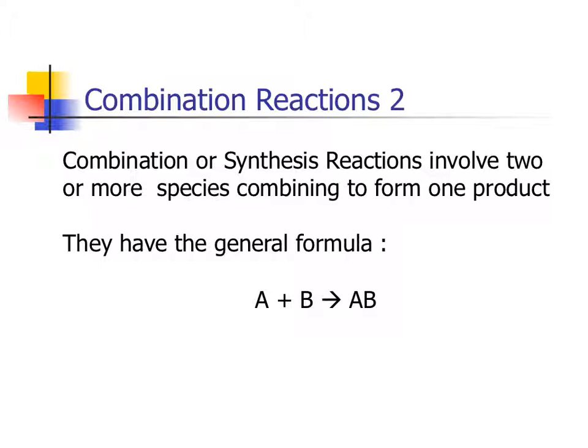I would highly suggest making sure that you are able to identify the general formulas, as it will help you in your quest for predicting those specific outcomes. In combination or synthesis reactions, we're always going to have 2 things on the reactant side, 1 product, as you're combining or synthesizing something new.